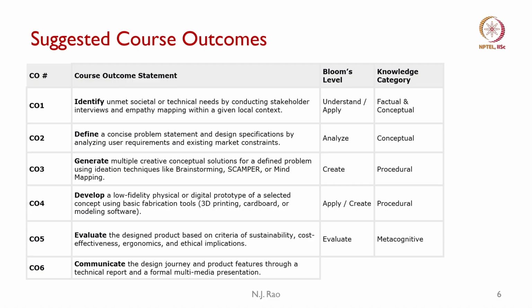Sustainability will include the kind of materials and energy that you spend in creating that, and when you retire the product, what is involved in that. How sustainable the product is, and then how cost effective it is, how convenient. Ergonomics means how convenient it is for people to use, and are there any ethical implications if you are using, let us say, some toxic chemicals for something to work, or it has very sharp edges which can hurt the user. You find out whatever those ethical implications are, evaluate, and come up with a solution.